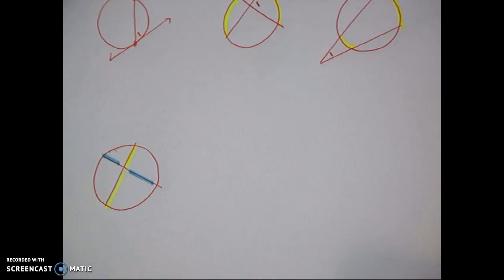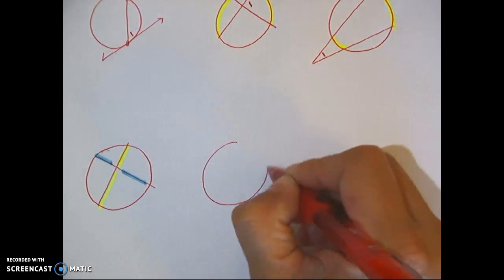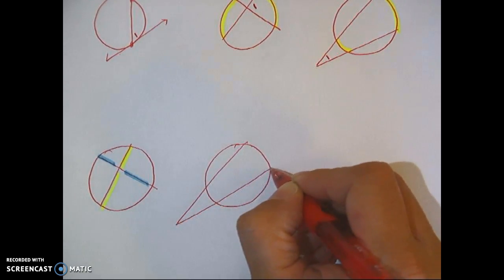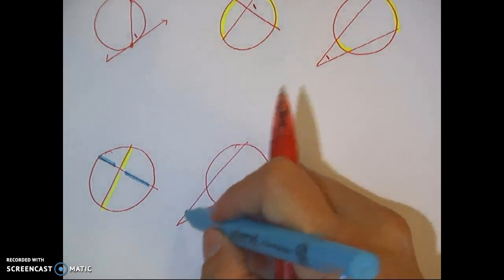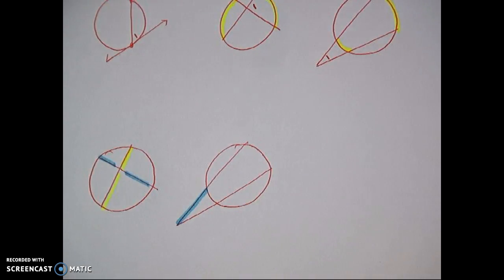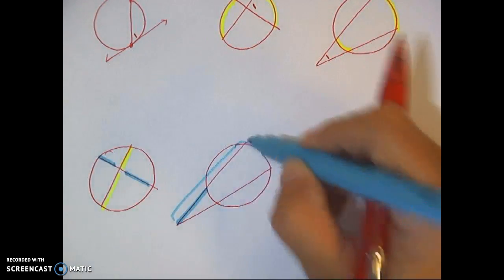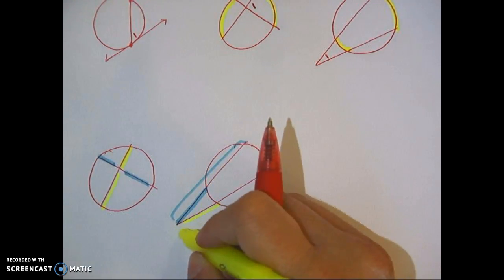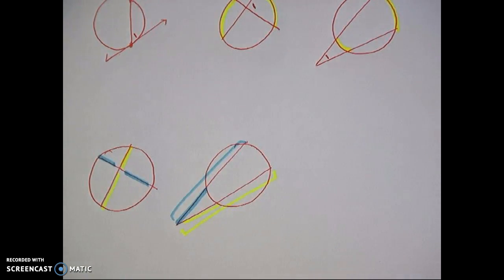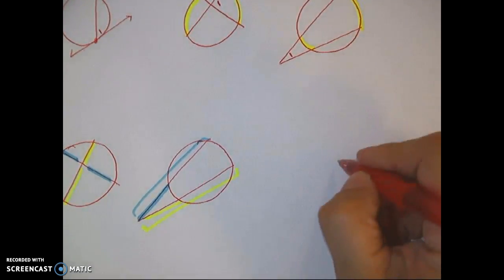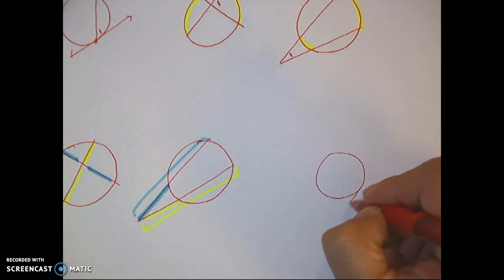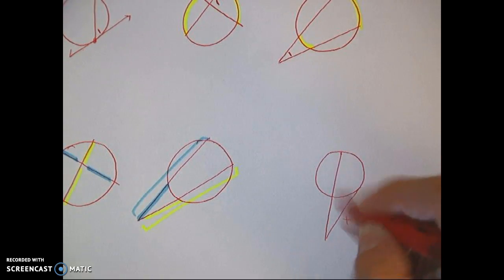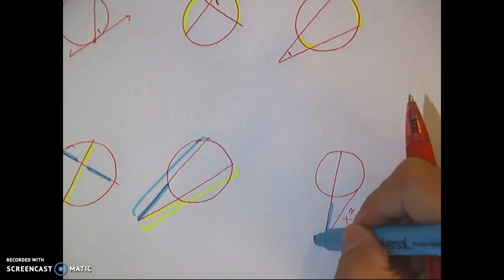We have our two secants, like this, where we have this piece times the whole segment is going to be equal to this piece times the whole segment. And then the last one, we have our tangent and secant. So if I have a tangent and a secant, this is squared and is equal to this piece times the whole thing.